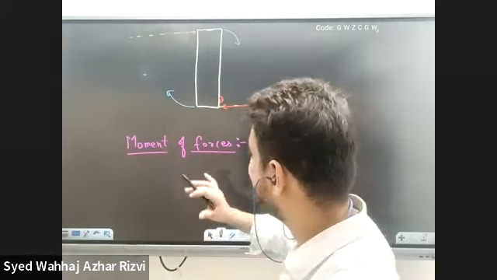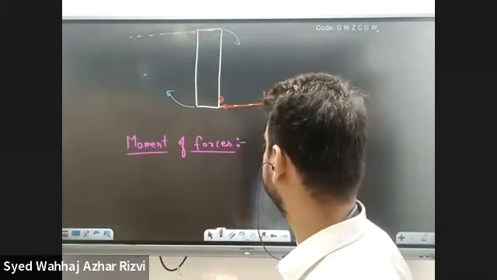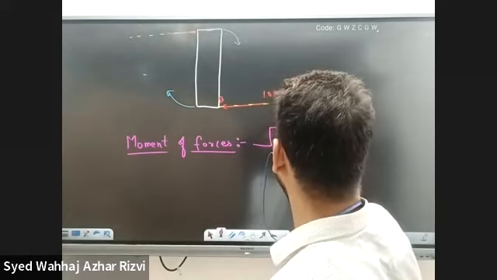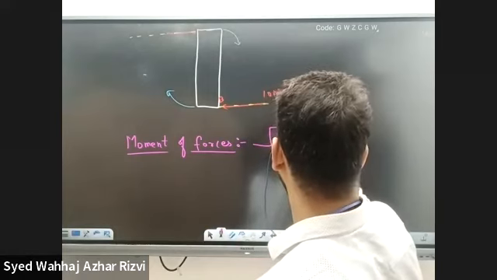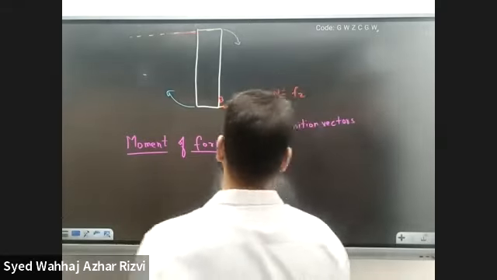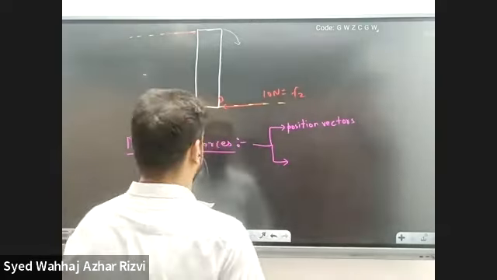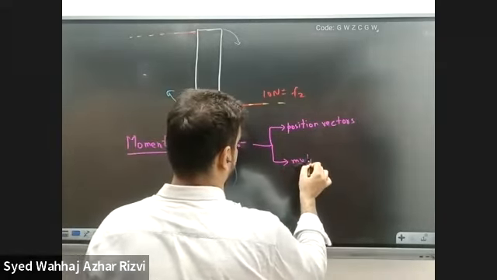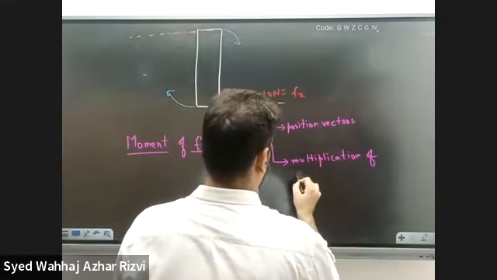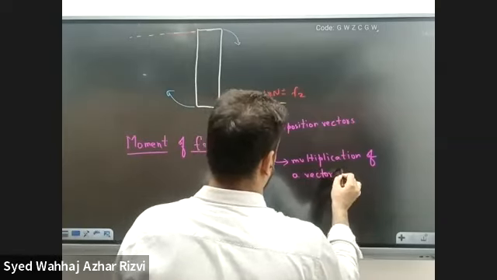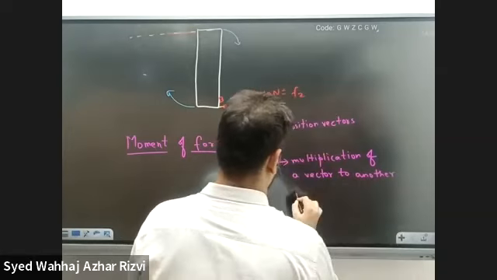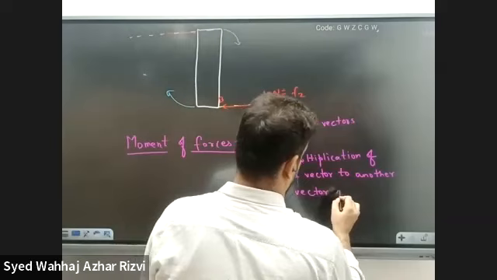For understanding the moment of a force, we have to understand two things: the idea of position vectors, and the idea of multiplication of a vector to another vector or scalar.